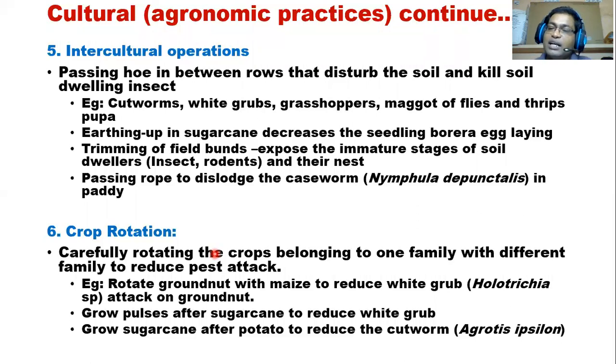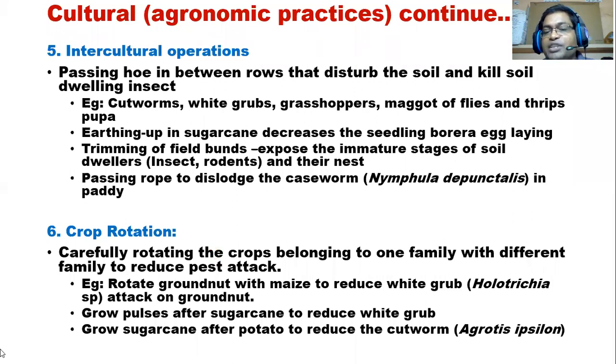If you are cultivating chili, chili thrips will be there. It is host specific for chili. If you rotate the crop with something other than solanaceous crops, such as monocots, then you can severely reduce the thrips population in the next season.